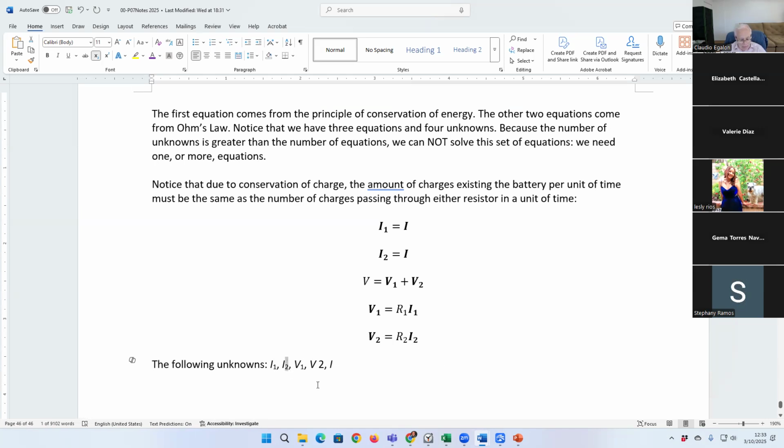And I will copy this I2 and place it here. 5 unknowns for 5 equations. Okay? We can now solve this problem.